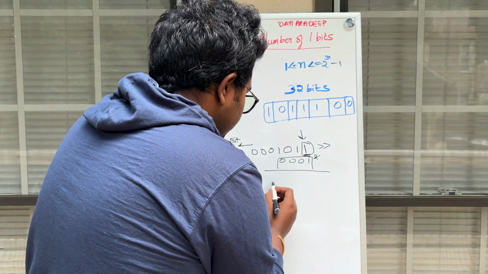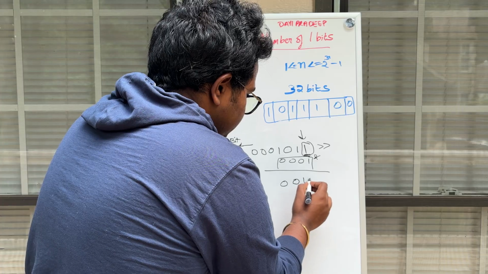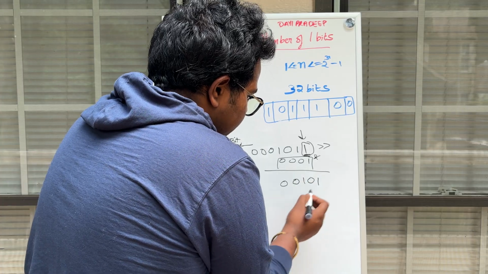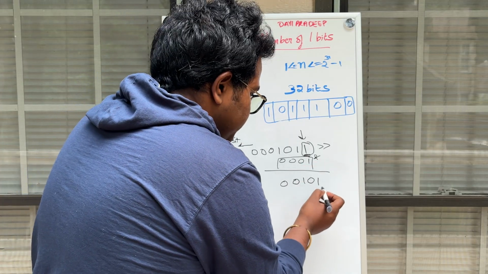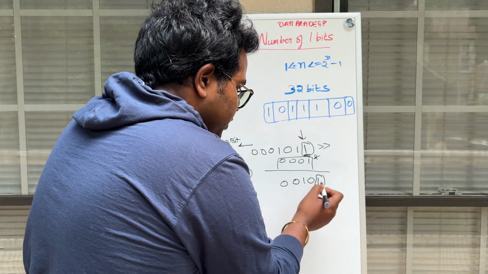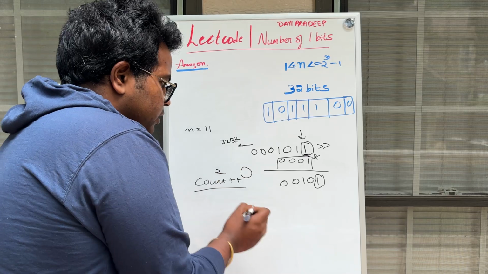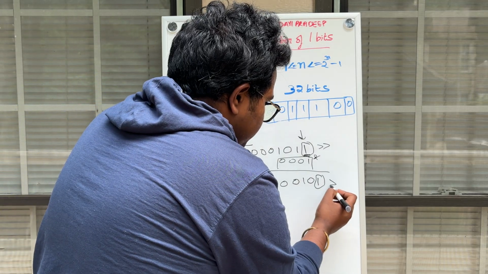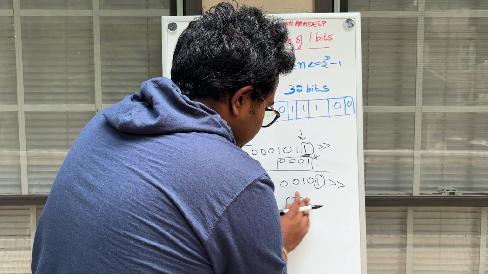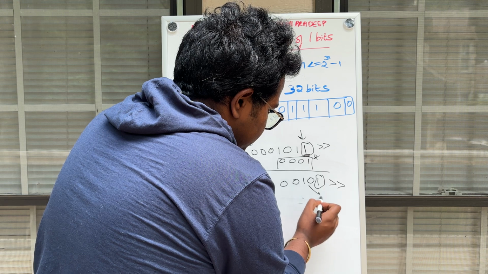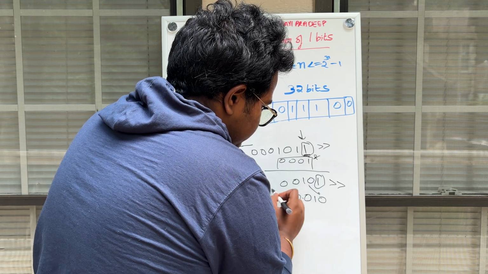So here I found that a 1 is present, so I'm going to do the right shift, which gives 0 0 1 0 1, and I do the AND operation with 1 again, which finds that a 1 is present again. I'm going to increase the count to 2 and do the right shift, which gives 0 1 0 0.